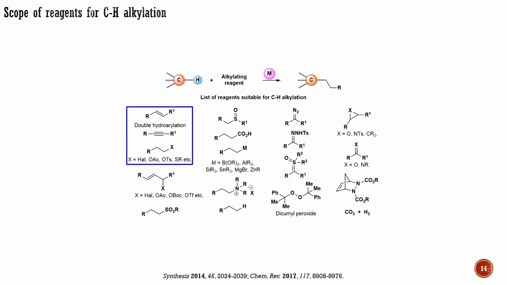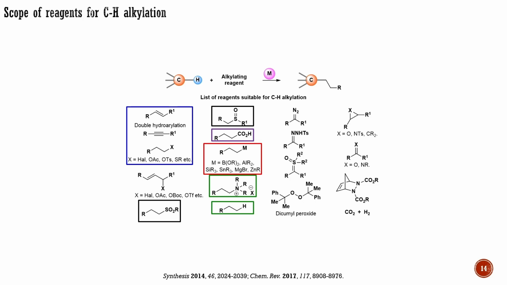Additionally, you often come across examples of CH alkylation based on the application of derivatives of alcohols, sulfonic acid, and sulfoxides, carboxylic acids, organometallic reagents, ammonium salts, unfunctionalized activated systems like CH acids, and carbene precursors, among others. The mechanisms of CH alkylation can be quite diverse, predominantly depending on the coupling partner used.